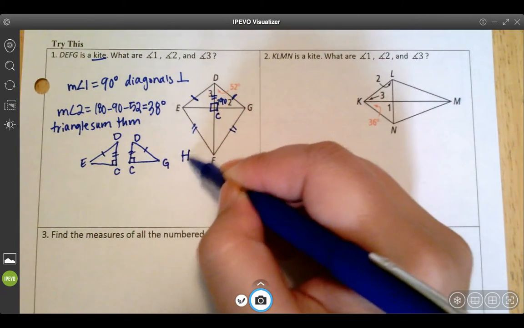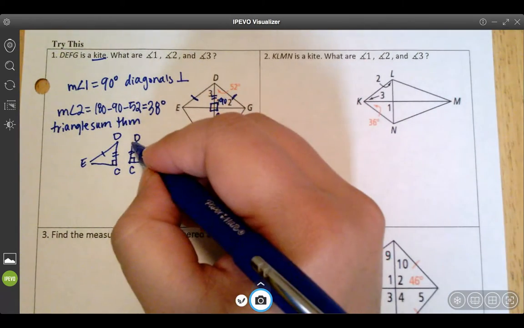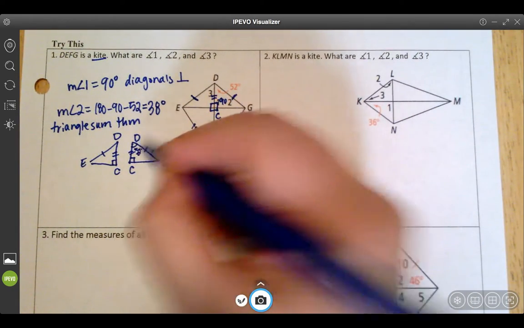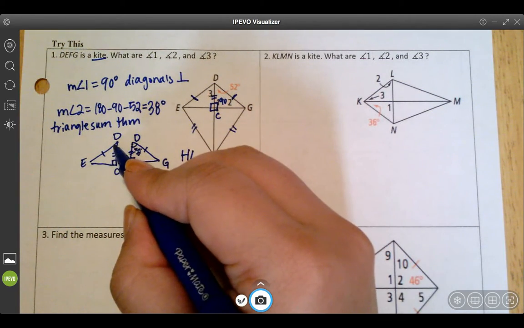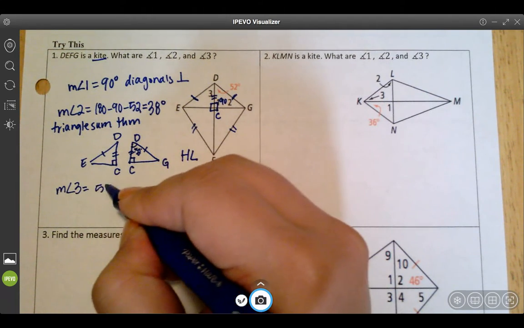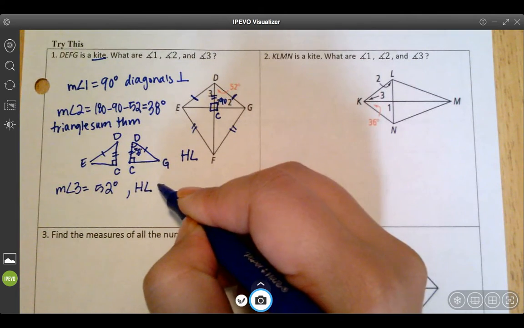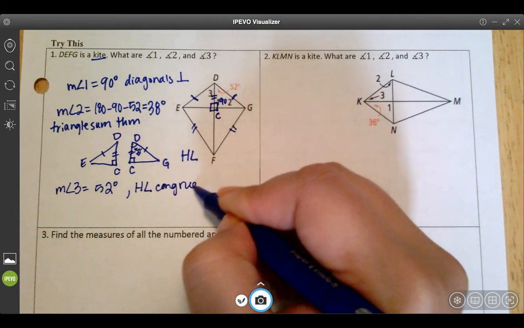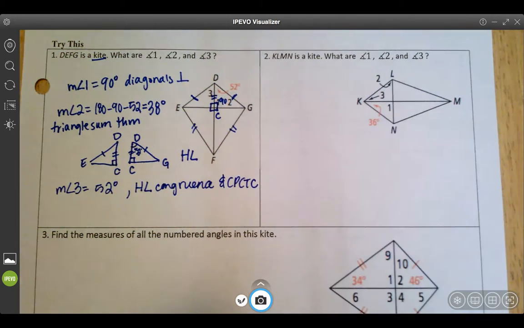And so by HL, these two triangles are congruent. Now angle D, we know here is 52 degrees. That's between the 1 and 2 sides. So between the 1 and 2 sides, angle 3 must also be 52 degrees. And we can find that by HL congruence and CPCTC. Okay. You use something similar for numbers 2 and 3.